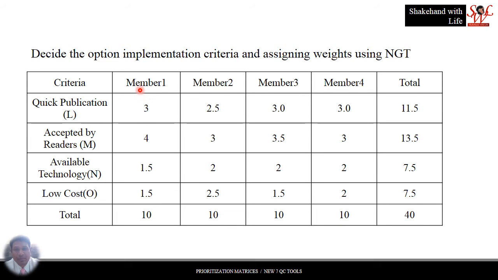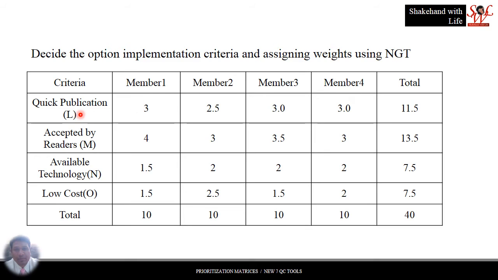Now there are 4 team members, and each team member has a total criteria weight of 10. So he has to divide the weight into four individual criteria.